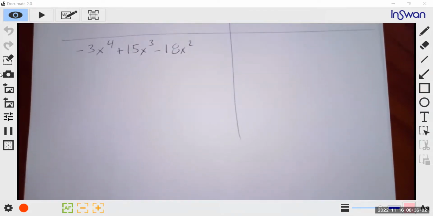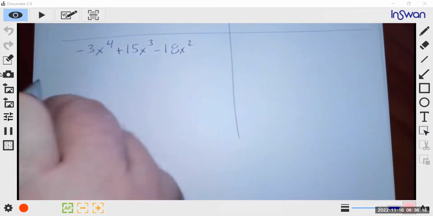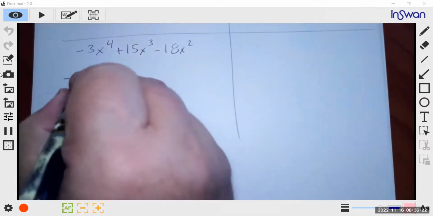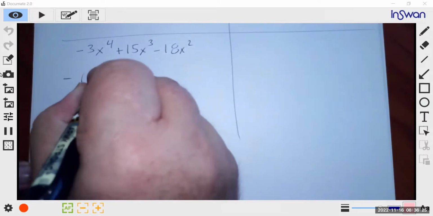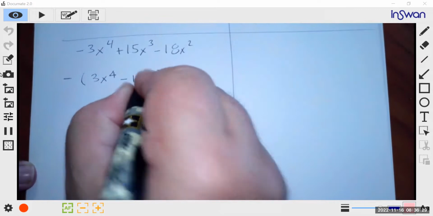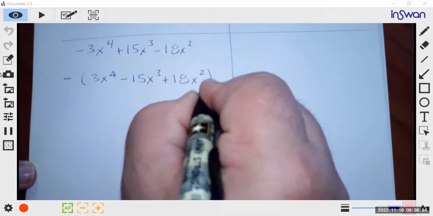You can't just change signs. It has to be a mathematical reason you do stuff. You can't just change it. It's got a negative in front. So first off, we can take out a negative. If we take out a negative, that's how we change all the signs inside there.